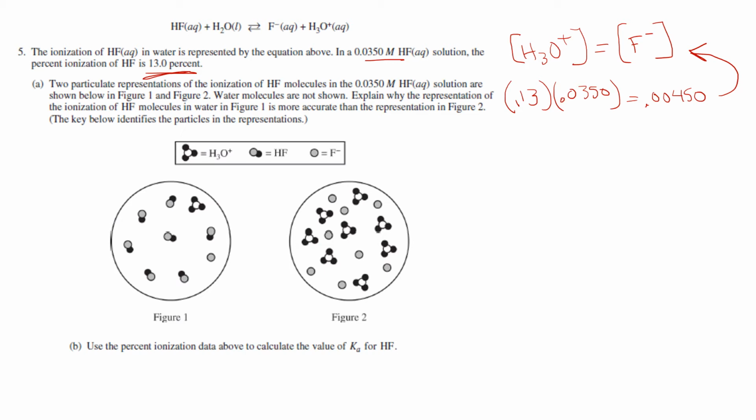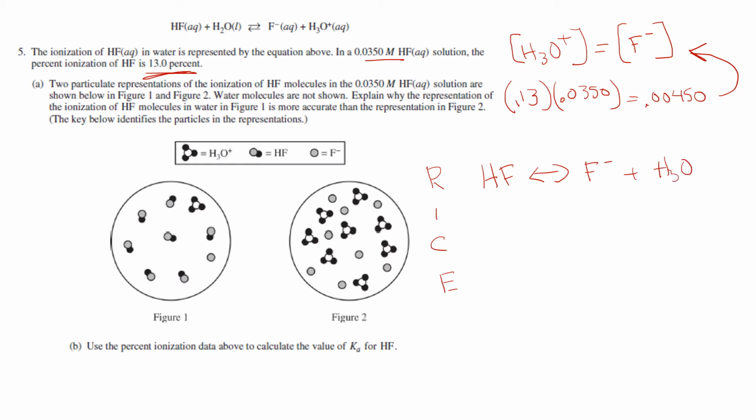So now I'm going to set up my ICE table. My reaction, I'm just going to take out the water from this reaction because we don't include it in our ICE tables.